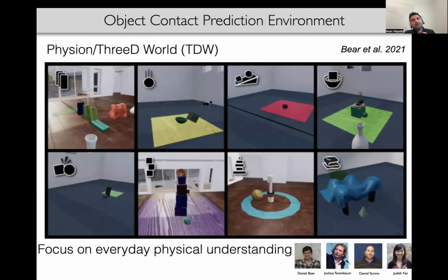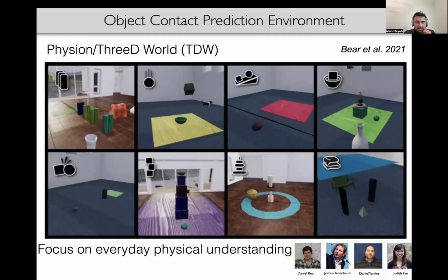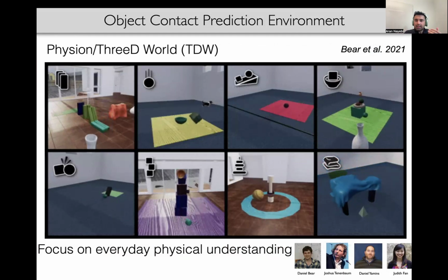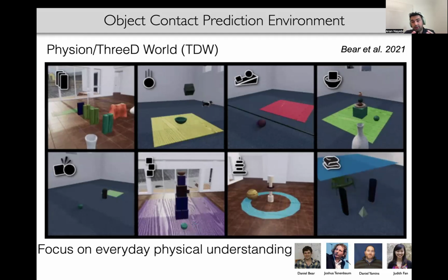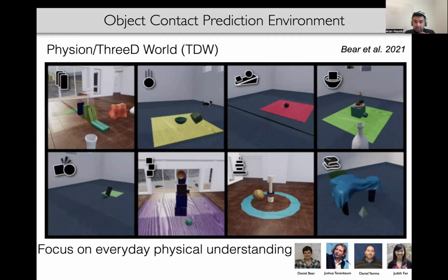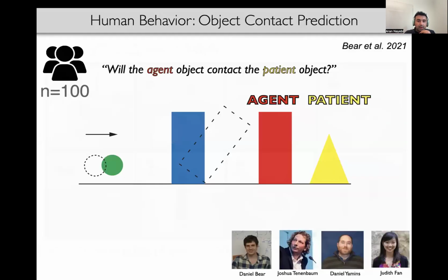This is the 3D world, which focuses on everyday physical understanding, that was collected by folks like Dan Bear and Dan Yamins, Judy Fan, in collaboration with Josh Tenenbaum's group. It consists of 8 different scenarios that involve both contact between rigid objects, but also soft objects, and soft and rigid objects like this grape scenario on the right.